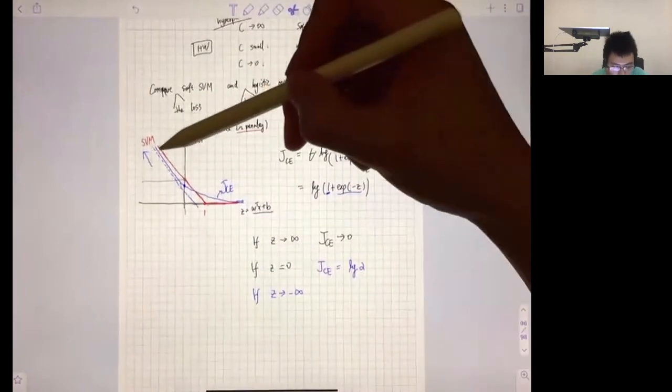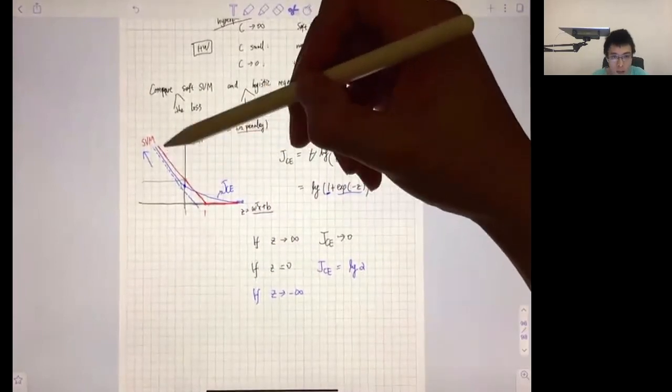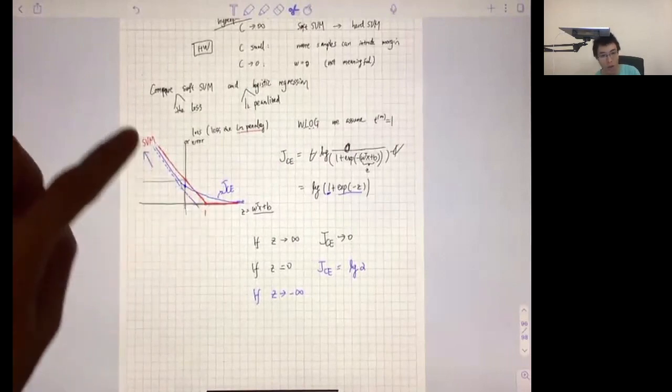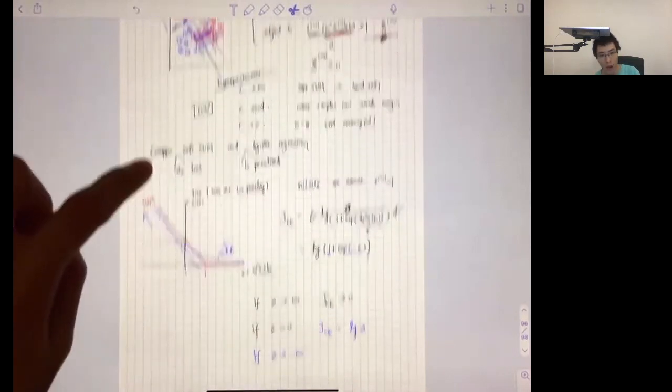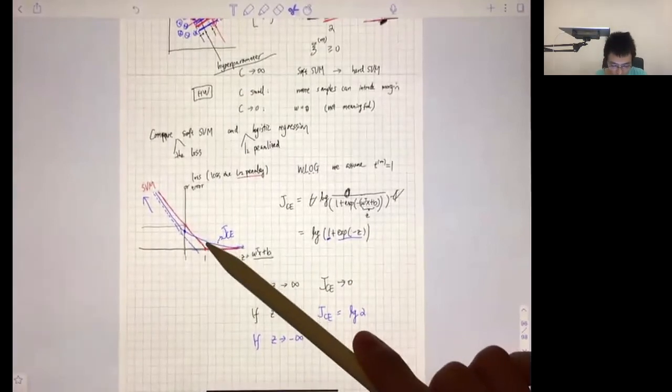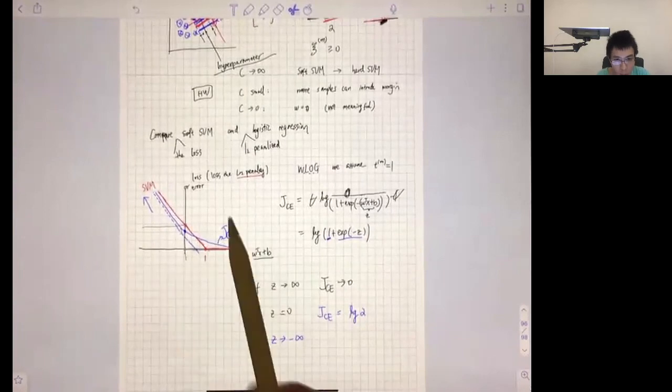And this plot tells us that linear SVM is very similar to logistic regression. In a real application, if you try linear SVM and logistic regression, it almost always gives you very close results because their loss is almost the same. They are almost the same, except that for the SVM, the loss is sparse.